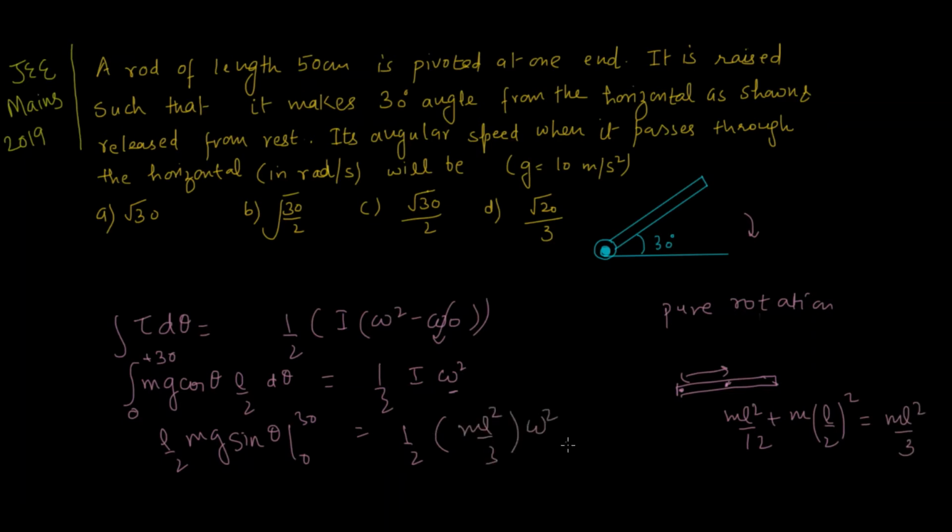And we have omega square. After doing the calculation, what we get is omega equals under root 30, which is our answer A. You see, this question wasn't very tricky, and after ruling out the equations that we could not apply, we are easily able to find the solution.